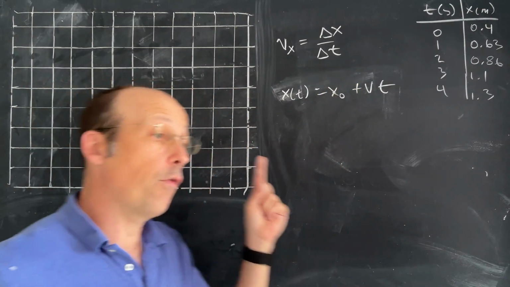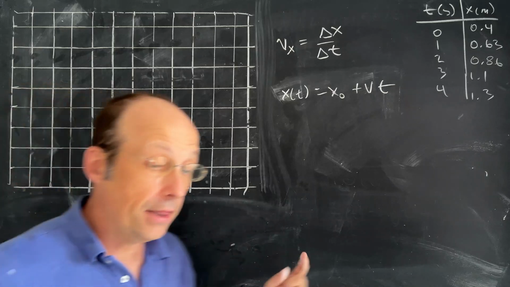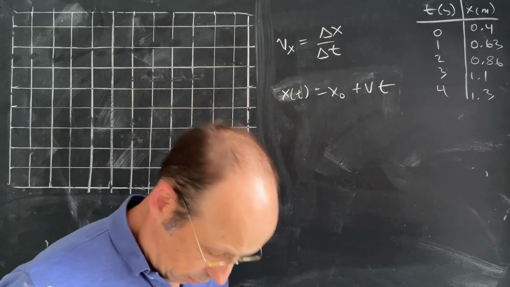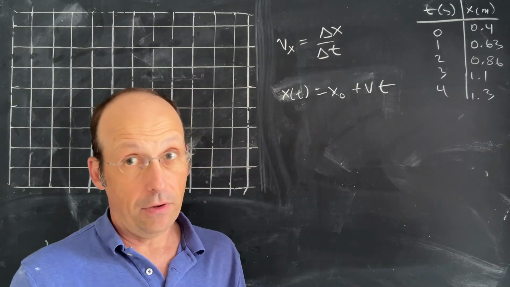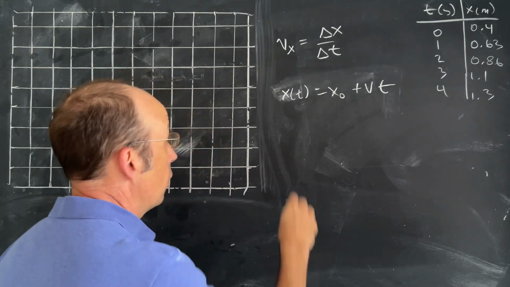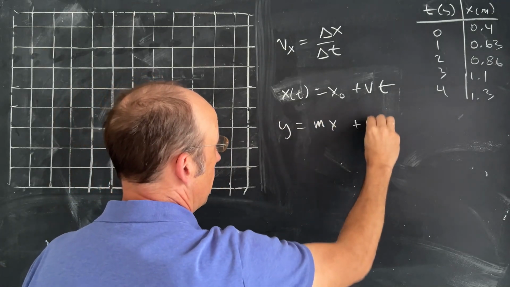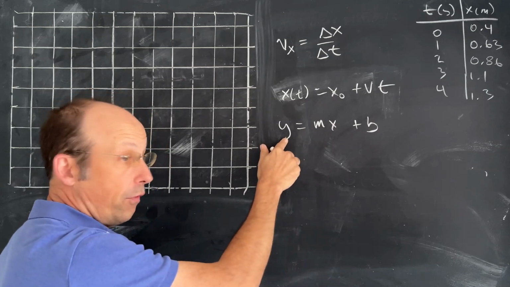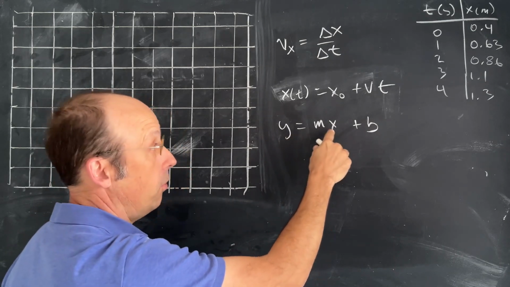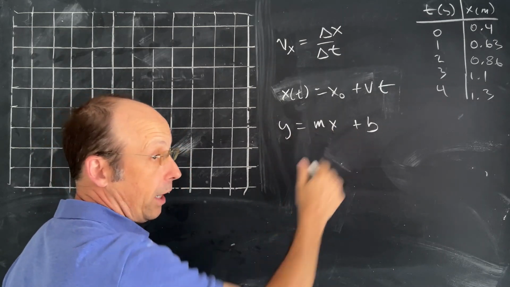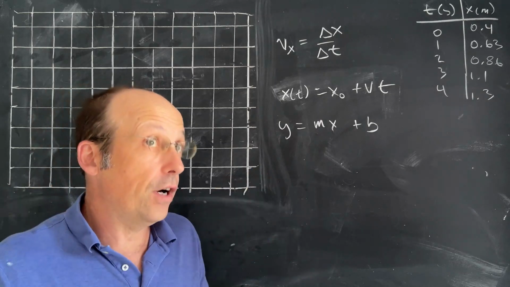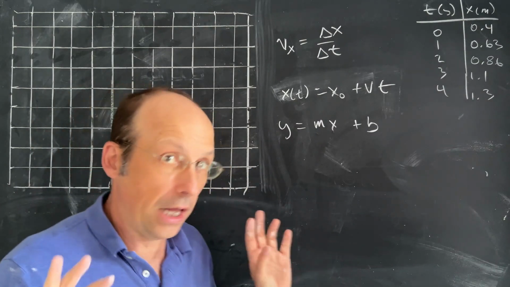What we want to do, if we're going to use graph paper, is make a linear graph. The graph of a line looks like this. Y equals mx plus b, where y is the vertical variable, x is the horizontal variable, m is the slope, and b is the y-intercept. So if we get our function in that form, then we should have a straight line.